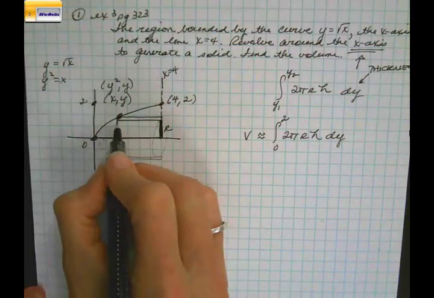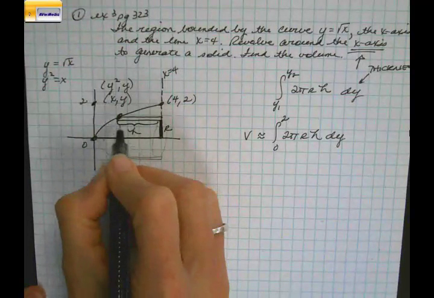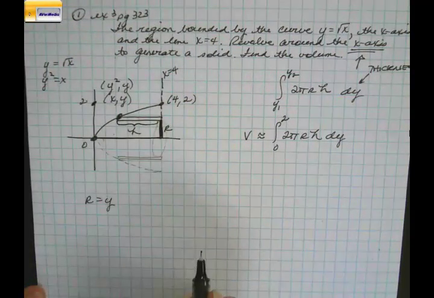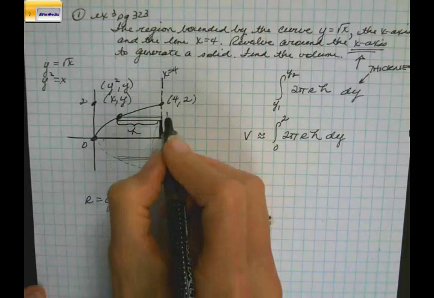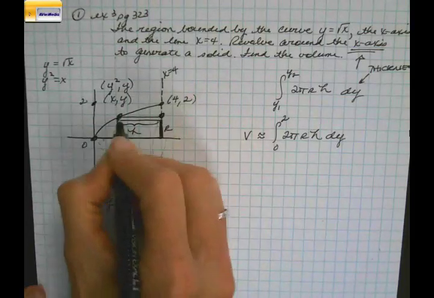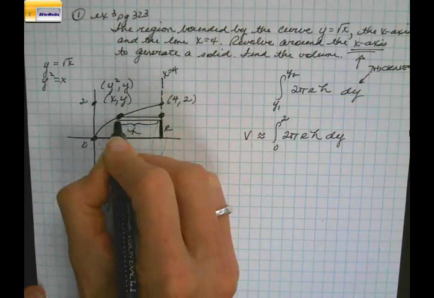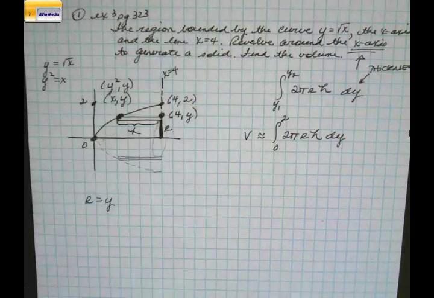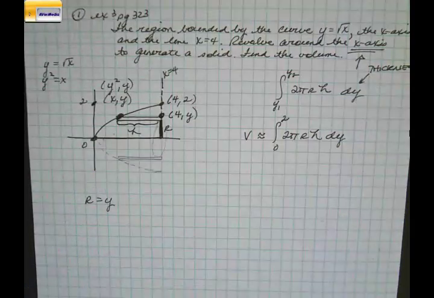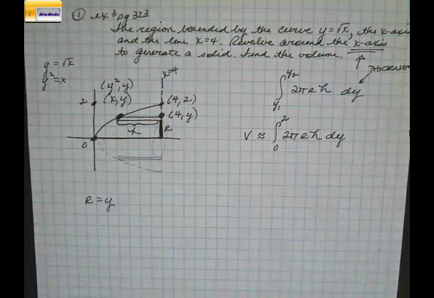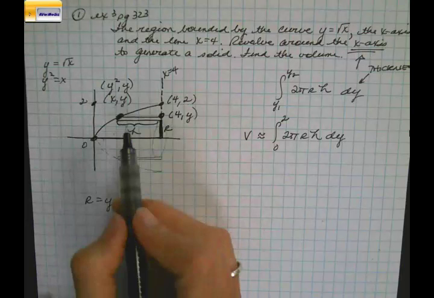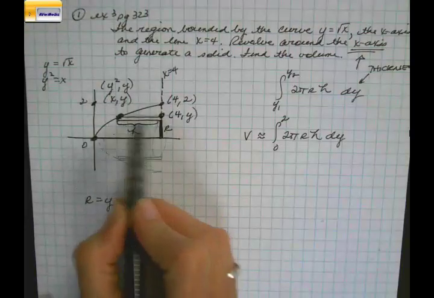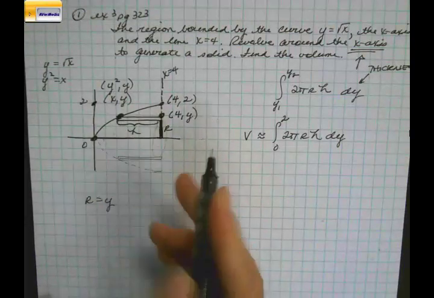My height of my cylinder is right here. So my height of my cylinder is going from this point to this point, here to here. This is a point 4, y. x is always 4, because that's the vertical line, x equaling 4, and the y is whatever the y is there. So what is the distance between these 2 points?